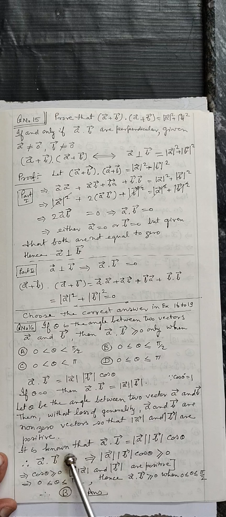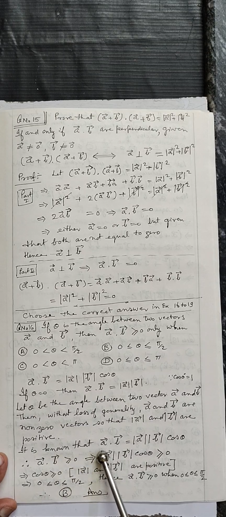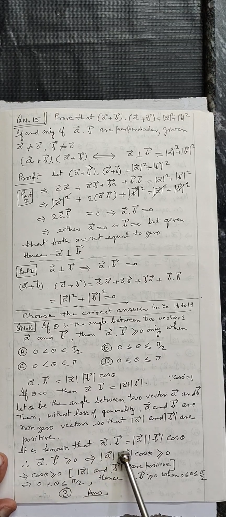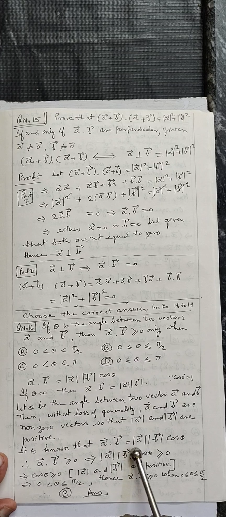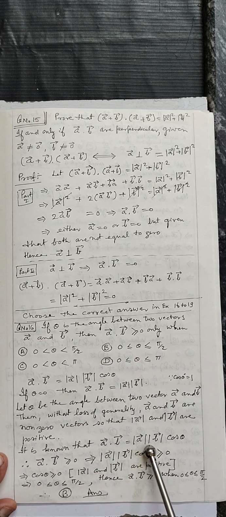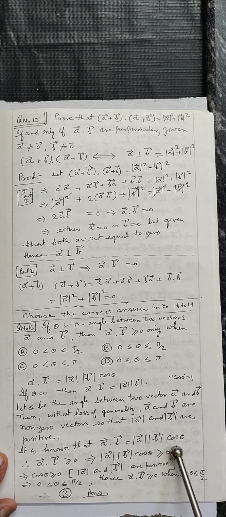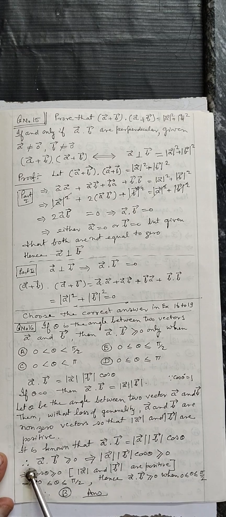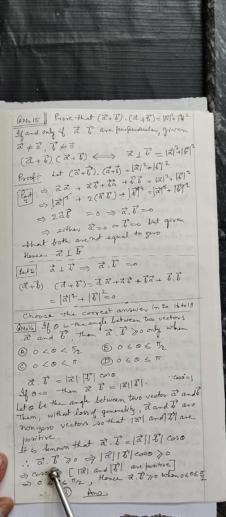It is known that the vector A dot vector B will be equal to the magnitude of A into the magnitude of B cos theta.